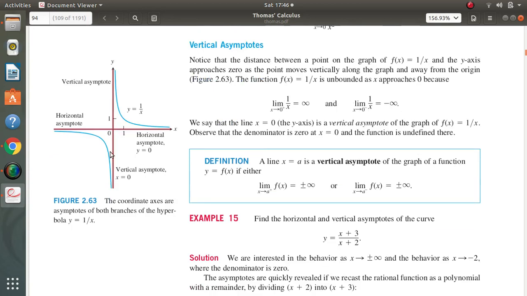Next we have the vertical asymptotes. The horizontal one we have already done. Now let us discuss the vertical asymptotes.